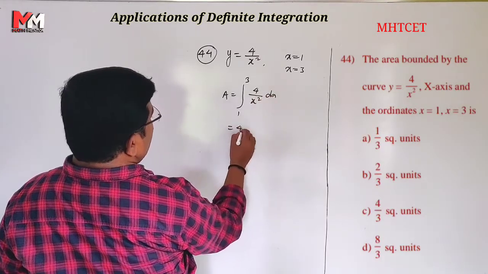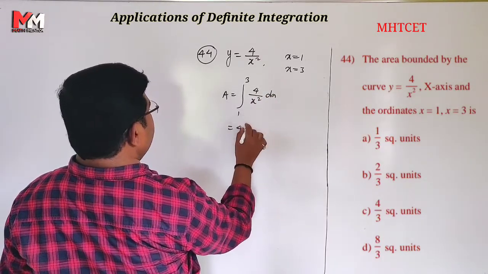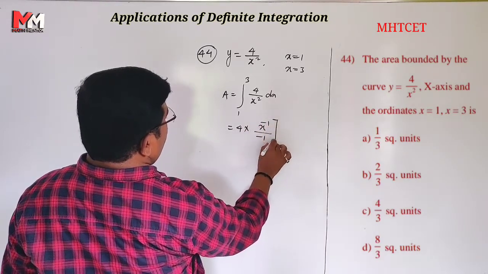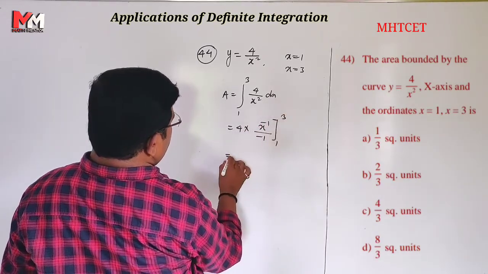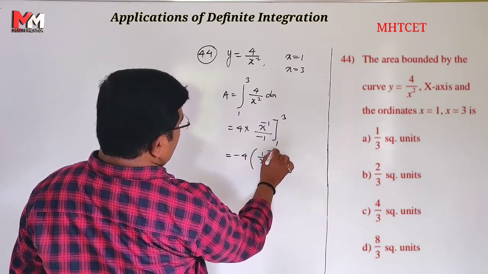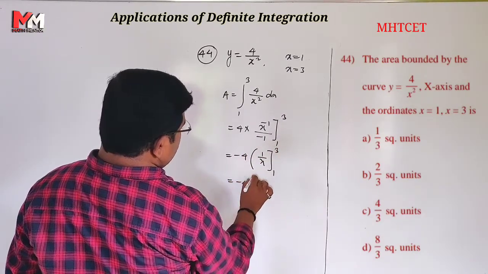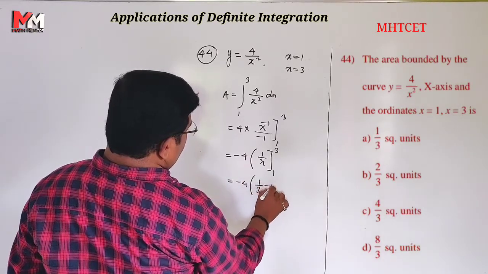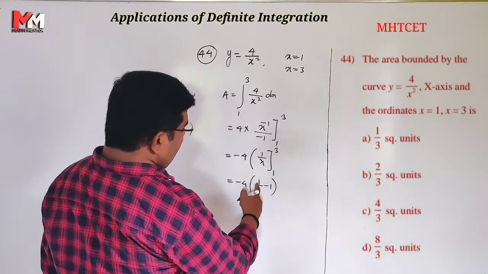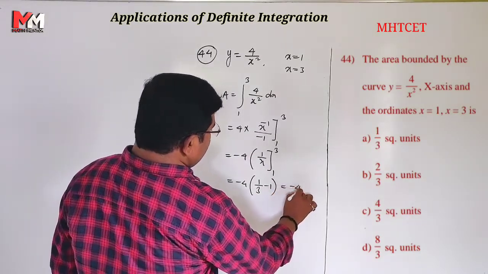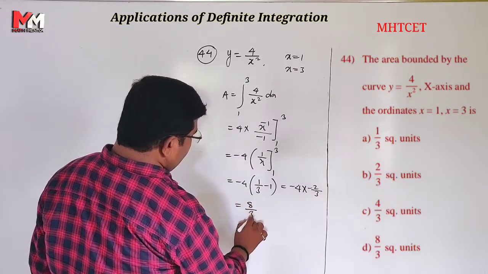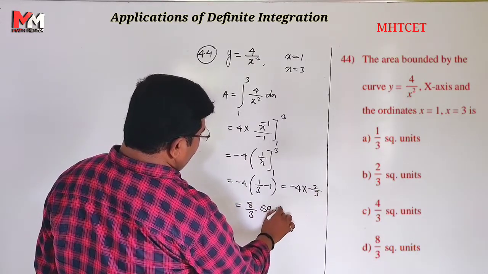After taking it up, it becomes x raised to minus 2. The integration of x raised to minus 2 is x raised to minus 1 by minus 1, from 1 to 3, so this is minus 4 times 1 by x from 1 to 3. Minus 4 into 1 by 3 minus 1 by 1, that is minus 2 by 3, minus 4 into minus 2 by 3, so it's 8 by 3 square units. It's a part of calculation now.